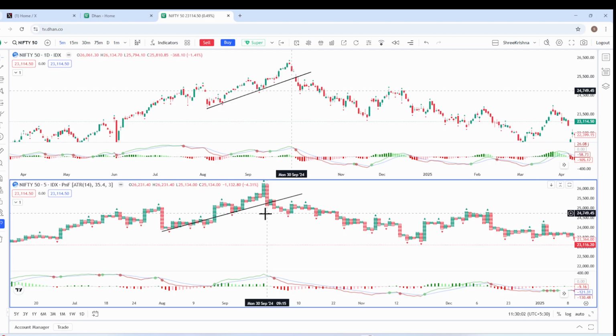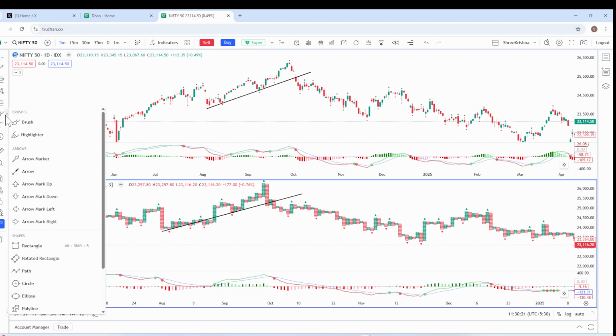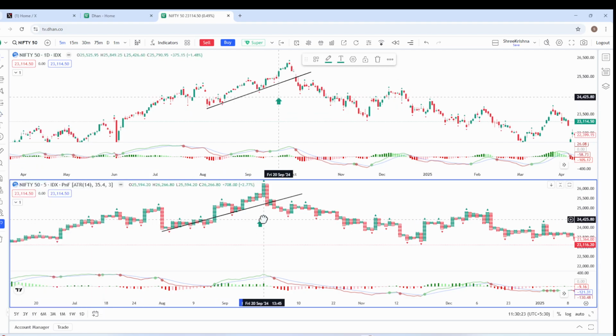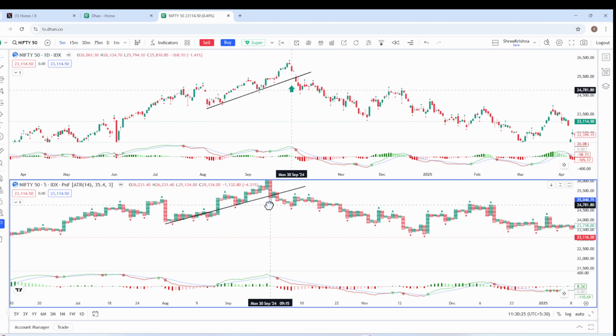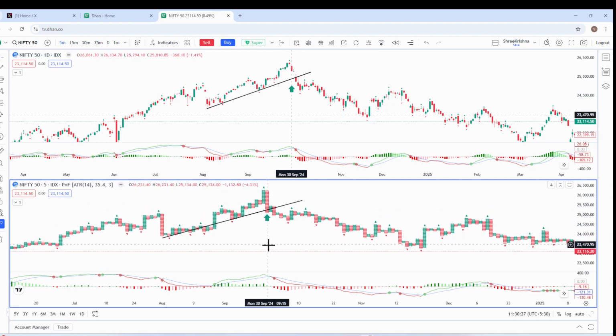25,794.10, and sorry, 25,134. The break below 25,134, this one I will highlight in this way so that you get it. This low.